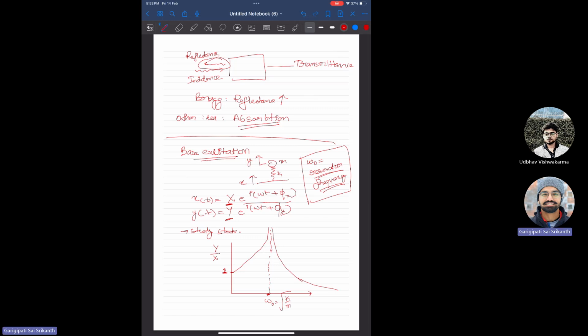Sort of. So when base excitation matches the resonator, then the resonator goes crazy. So we can use this principle somehow. So it's used. How is it used? Let's see.